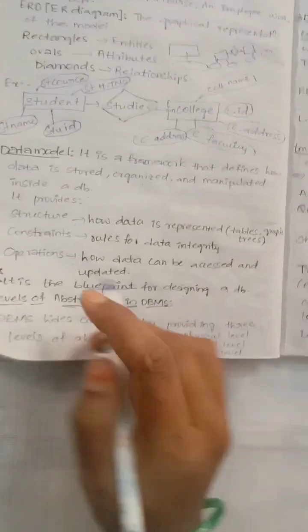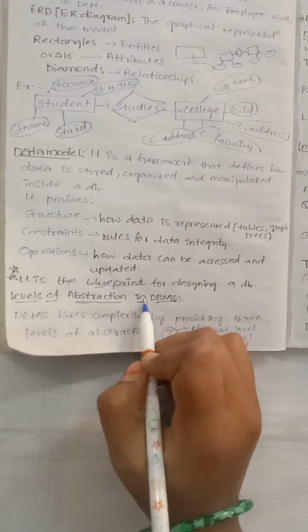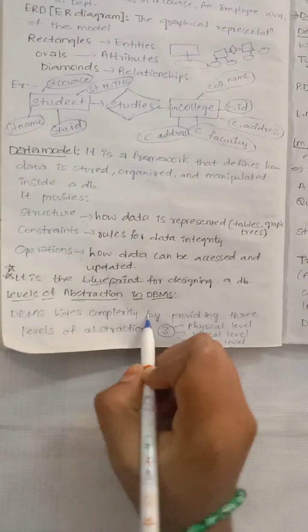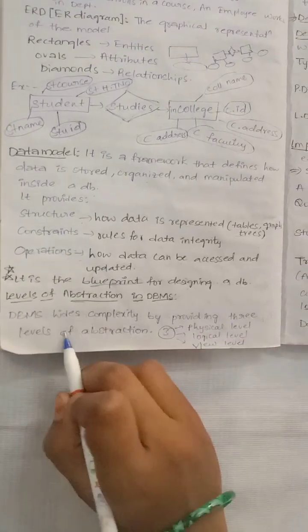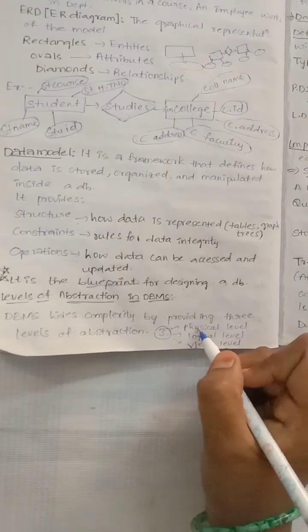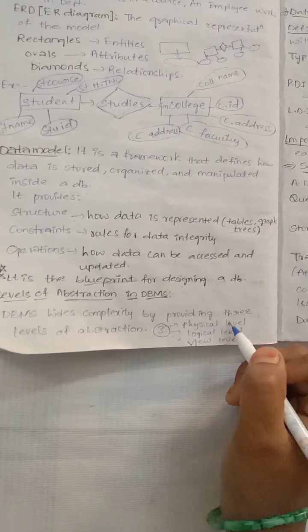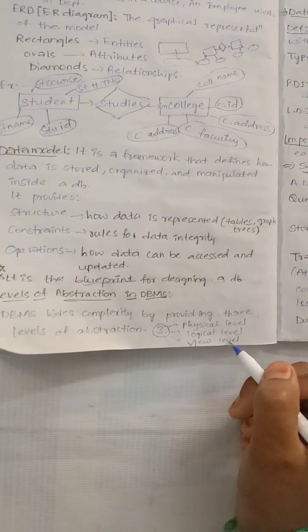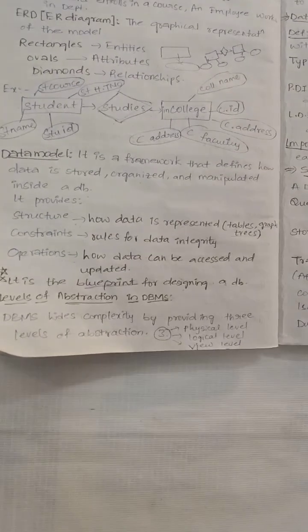Another concept is levels of abstraction in a database management system. A database management system hides complexity by providing three levels of abstraction. First level is the physical level, top level. Middle level is the logical level, and the last level is the view level.